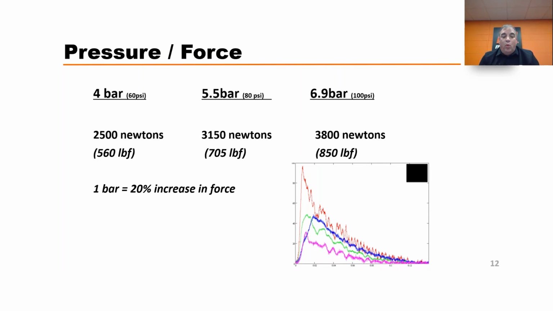So really, one bar of pressure increase gives you around a 20% increase in force for whichever cannon you're using. Different cannons have more efficient valves and things, but again, for the one that you have, if you increase the pressure, you're going to get a nice increase in force output or performance of that cannon.